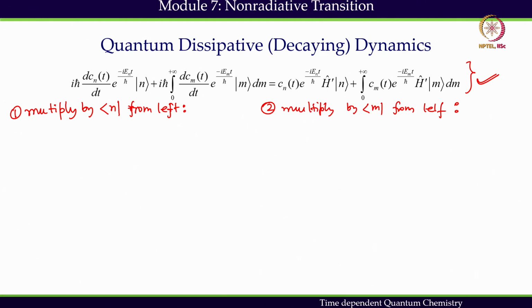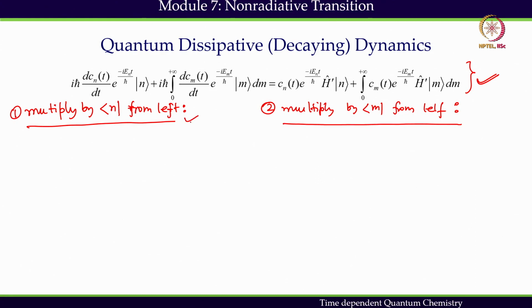So if I multiply by n from the left, and if I multiply by m from the left, then one can easily deduce the following, using the assumptions we have made. The assumption is the orthonormalization condition which we can use, and also we assume that the states are not getting coupled with themselves. Then we will be able to reduce it in the following way.